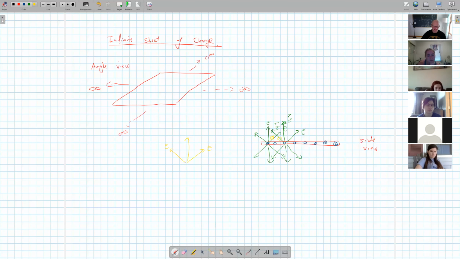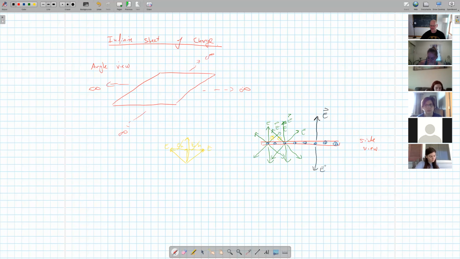If I think about this thing being broken up into the vertical piece plus the horizontal piece, here I have one horizontal piece pushing this direction, one horizontal piece in this direction. So the vector sum between this guy and this guy are going to cancel, which means I'm left with only the two vertical pieces. So basically all the horizontal pieces cancel, which means the total electric field is only going to point perpendicular to the surface.